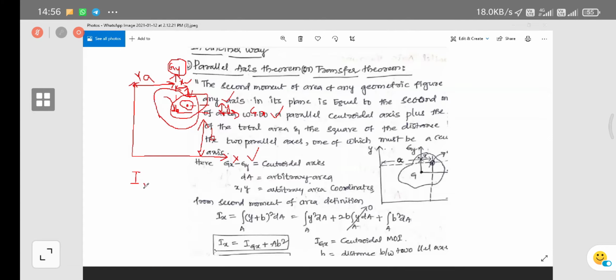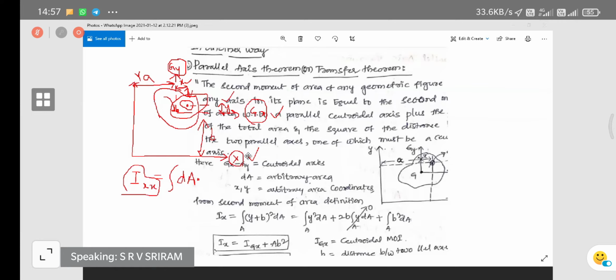We know the moment of inertia about the x-axis is the integration of the differential area element into the square of the perpendicular distance. So what is that distance? I am going to find it with respect to the x-axis, not the Gx-axis. Remember this: my reference axis is x, Ix, not Gx.